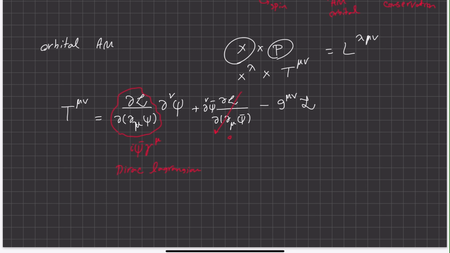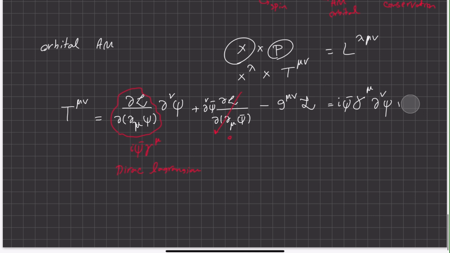So the final answer is going to be i psi bar gamma mu, the nu-th derivative of psi, minus g mu nu times the Lagrangian.